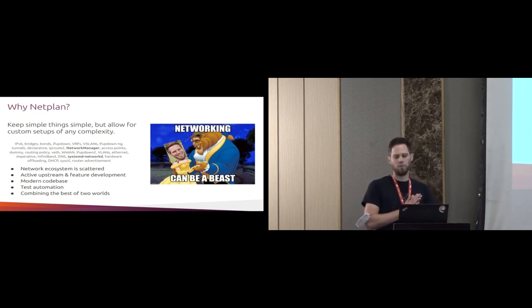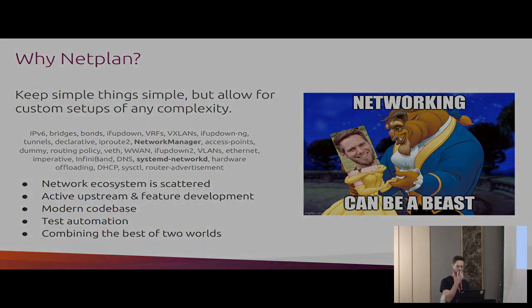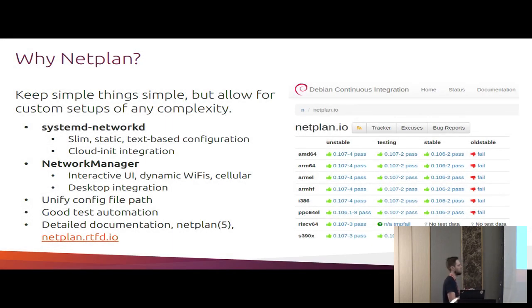And in the end, we found two networking daemons, which are NetworkManager and systemd networkd, as mentioned earlier, that match those criteria. And Netplan set out to combine the best of those two worlds. We still need to support two networking daemons, as I mentioned. Not all use cases can be covered by all the networking daemons.